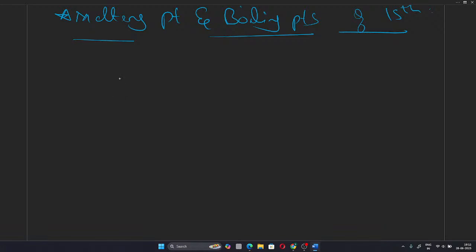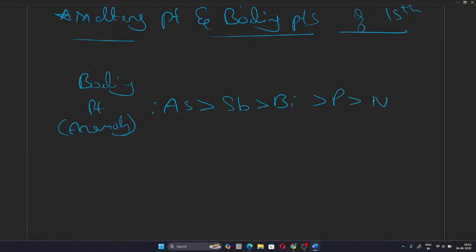The boiling point anomaly: arsenic followed by antimony followed by bismuth followed by phosphorus followed by nitrogen.